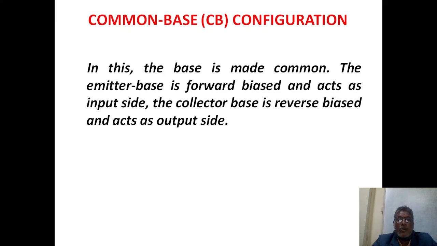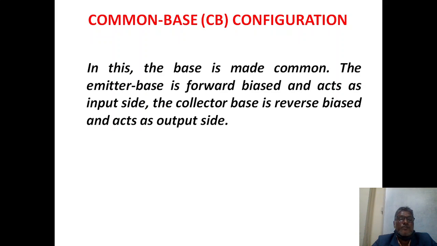In common mode or grounded mode, the transistor will be connected in the circuit, and that common or ground terminal will serve as the input junction when connected with the input terminal of the transistor, and also as the output junction when connected at the output terminal of the transistor.